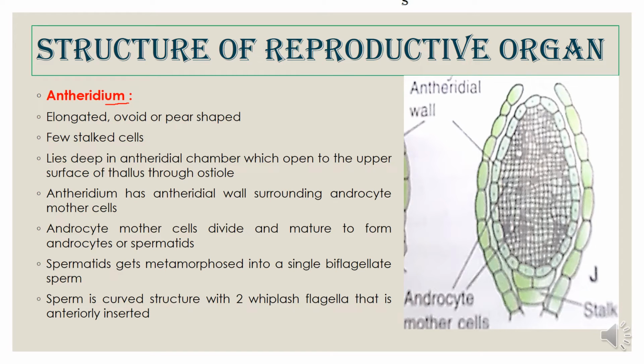It is an elongated ovoid or pear shaped structure, and it has a stalk of a few cells which help in the attachment of this reproductive organ to the thallus of the Riccia.